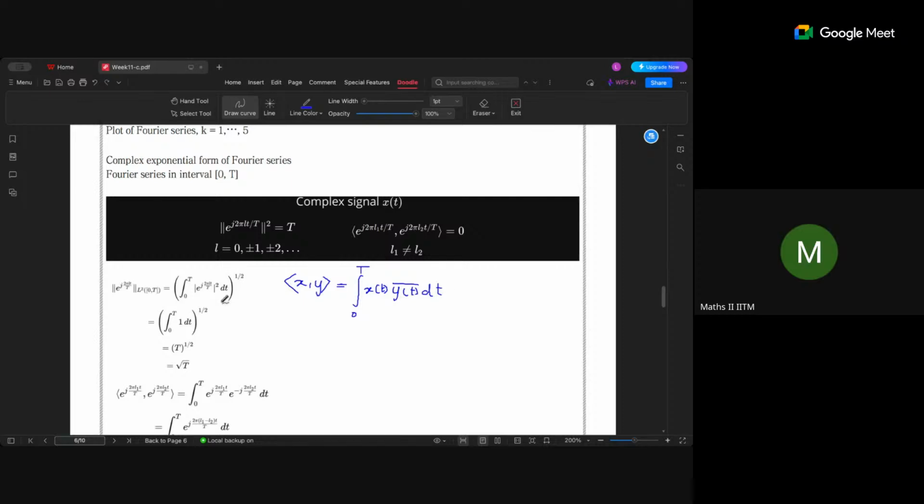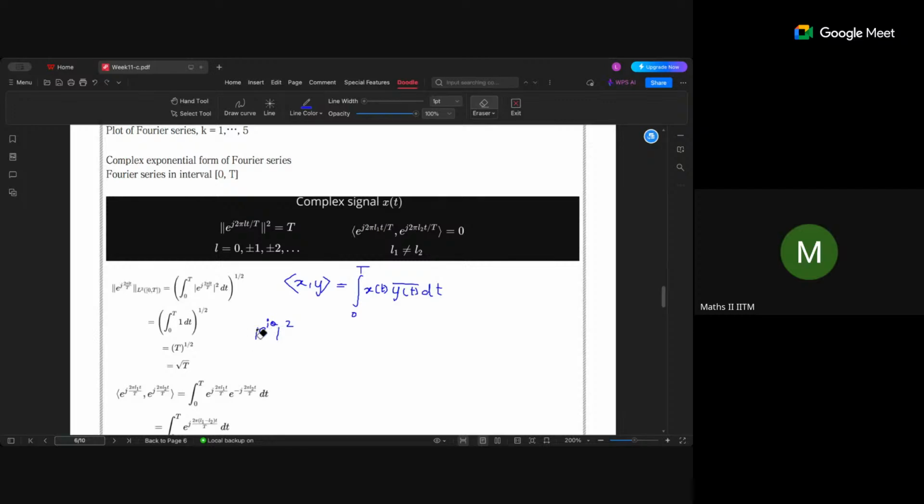Okay, so now here first of all for the norm, you simply have the square, right? And what happens to mod e power j theta square? What is this?